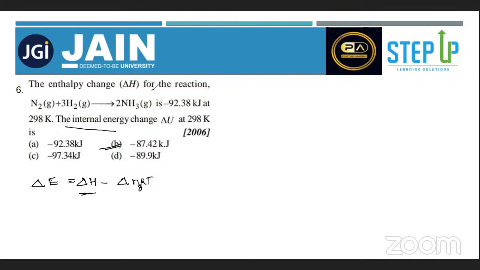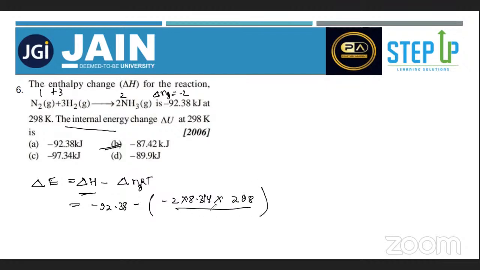Delta H and RT. Here, if I'm trying to find out delta n to be what? Here I have two gases on this side. On this side I have 1 plus 3 gases. Delta ng value comes as negative 2. Delta H is given as minus 90. Then delta ng is negative 2. And R is 8.314, into T is 298 Kelvin.